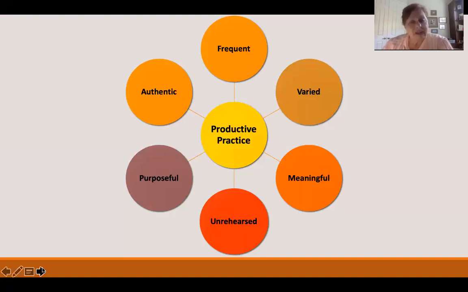They have to be varied, because if you do the same activity every single day, then at some point students just stop being engaged. And Liz talked about being an actively engaged learner, and that students do better when they're active learners rather than they're just listening to us talk.